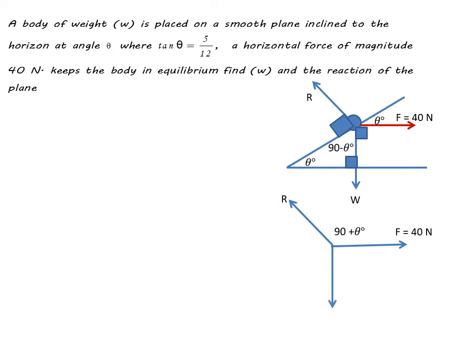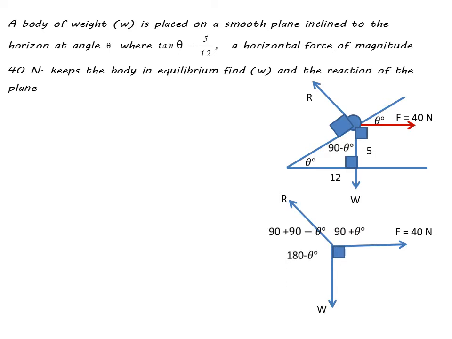Then we have the third force, which is the weight of the body, making 90 degree with the force F, and finally the third angle will be 90 plus 90 minus theta, which is 180 minus theta. Then apply Lami's rule.